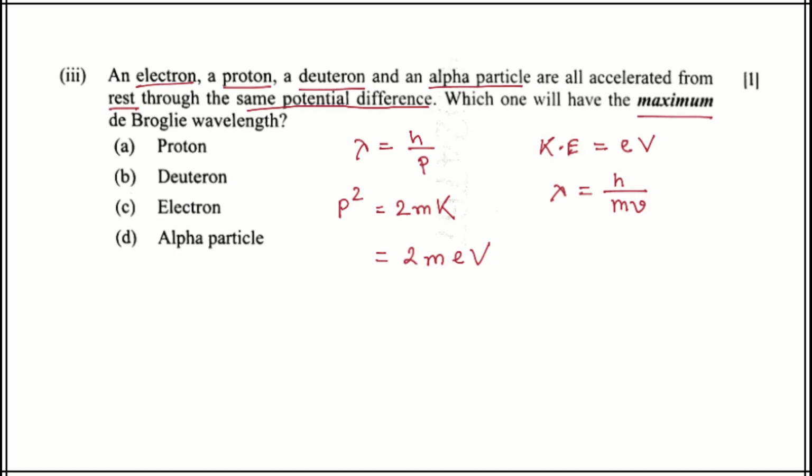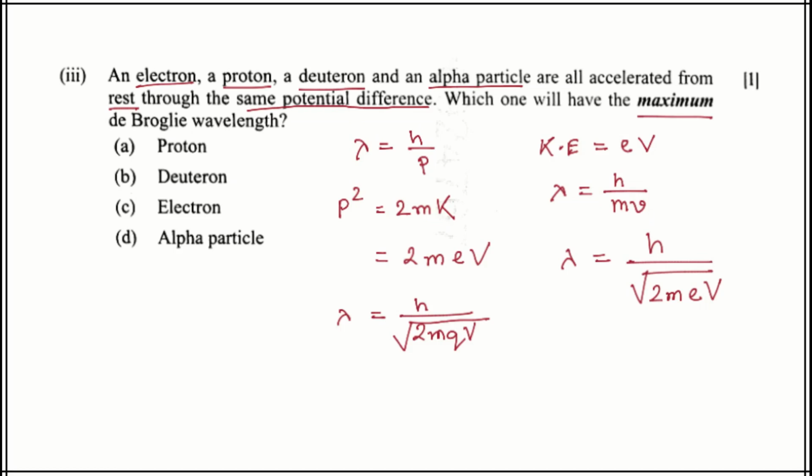So in this case, if we put the value here, we will get lambda equal to h by root over 2MEV. We can write Q instead of E. So therefore lambda equals h by root over 2MQV.